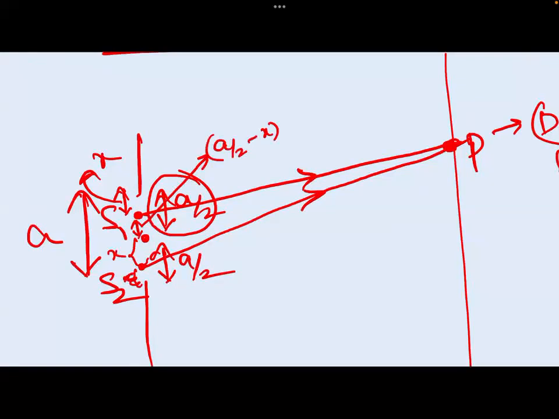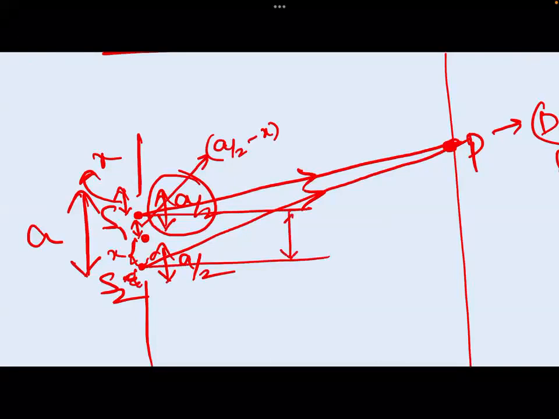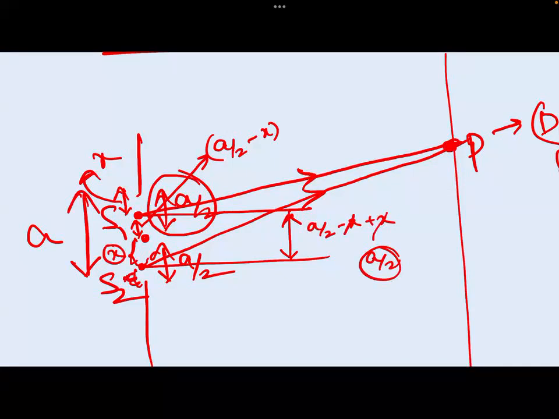A by 2 minus X. And how much is this distance? It is already X. So if I take a point here and a point here, how much will this distance be? A by 2 minus X plus X. With X canceling, it will be A by 2. So the distance between the two slits that you considered, S1 and S2, will be A by 2.